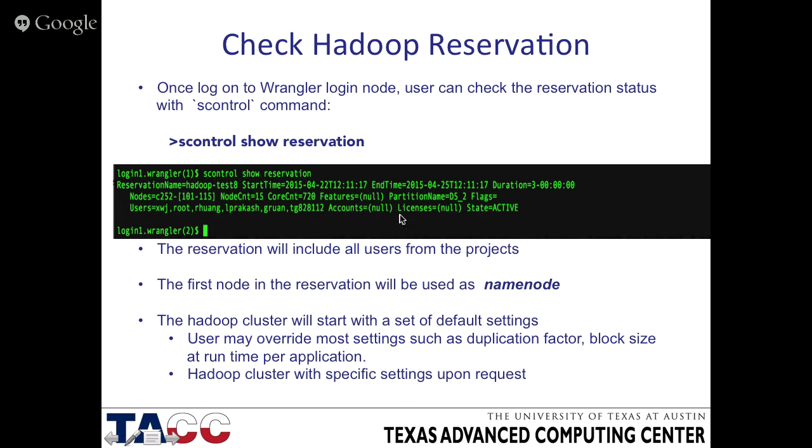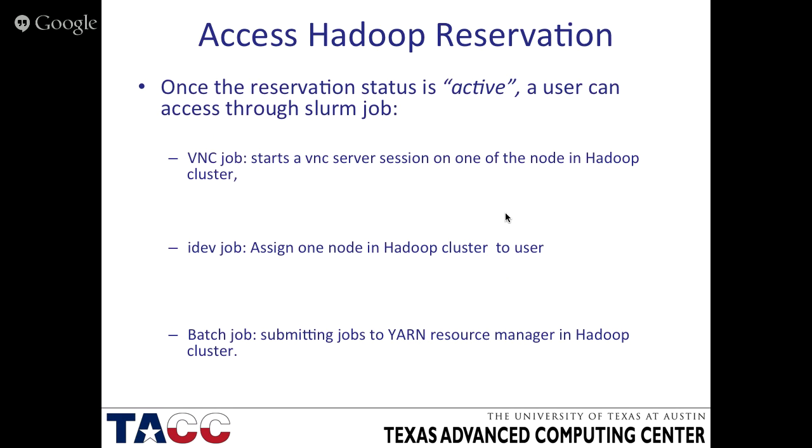The last thing about the reservation is the last field, which is the status, called state. If the state equals active, it means your reservation is now up and running. Once your Hadoop reservation is running, there are several ways you can access that Hadoop cluster in the backend, but all of them require some form of a Slurm job.